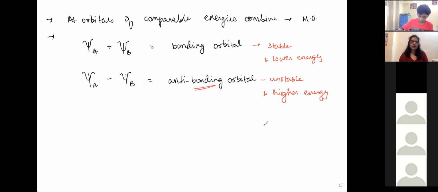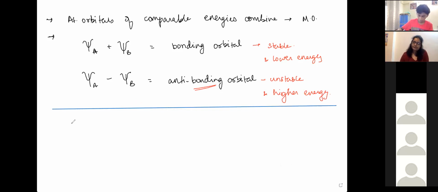Okay. Awesome. And do you guys remember the order of the different molecular orbitals, the energy order? Yes, ma'am. There was 1s sigma and then 1s anti-bonding sigma. Then 2s also has a sigma bond.